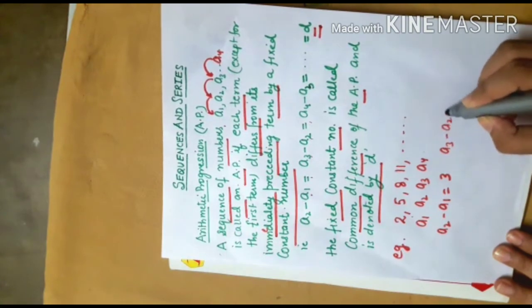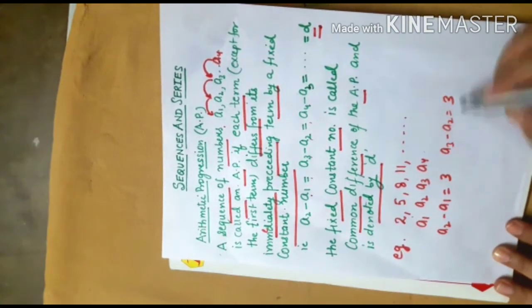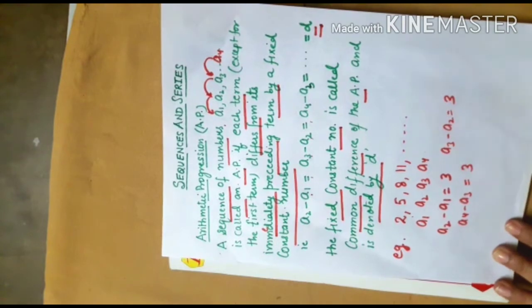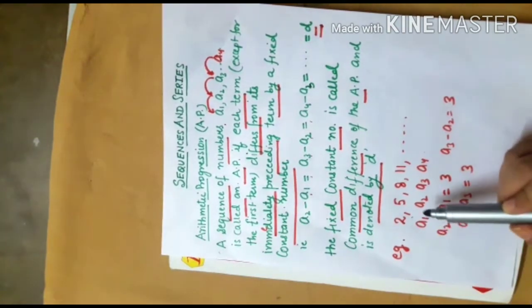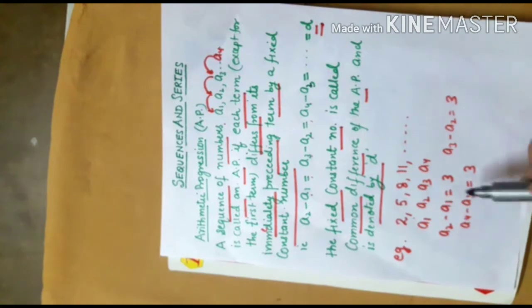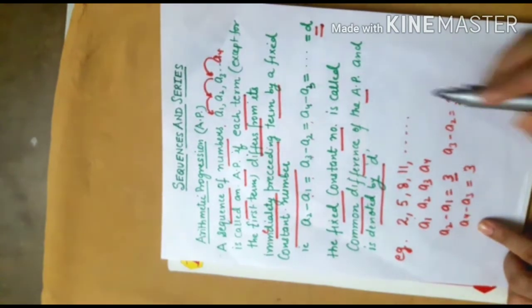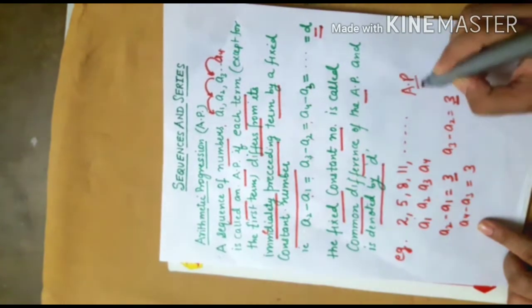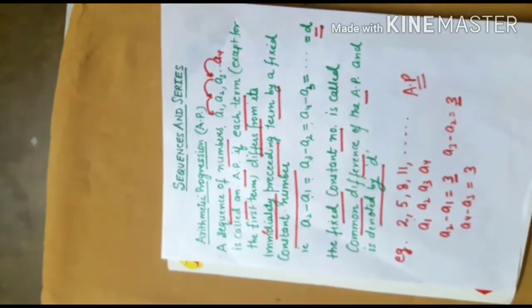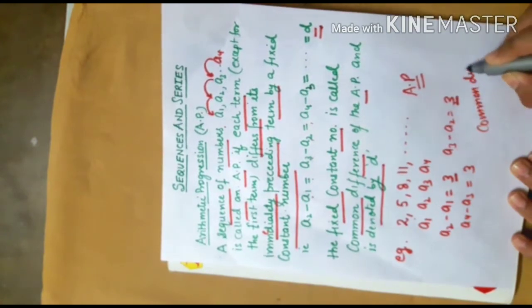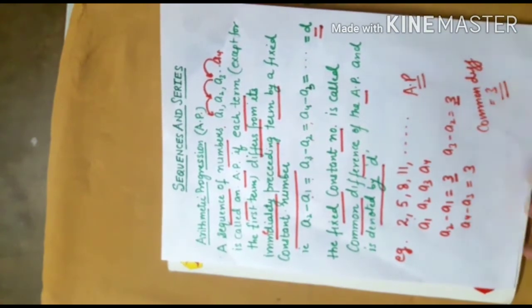A3 minus A2 is also 3 and A4 minus A3 will be 3. So the difference between the consecutive terms is the same. So this sequence is an arithmetic progression with common difference 3.